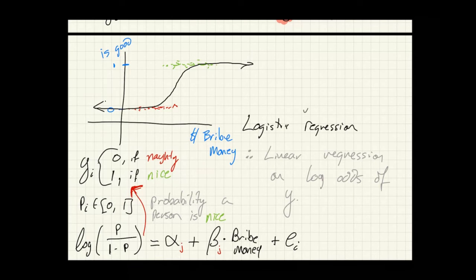And when you retranslate that back to the space of the logistic curve, it might mean that one of your curves looks like this. Maybe another curve looks like this. Maybe another curve looks like this.